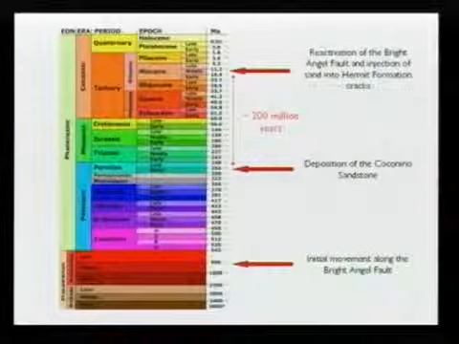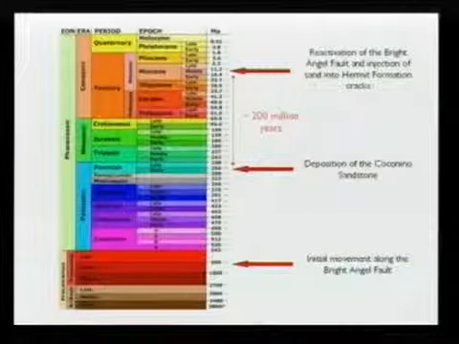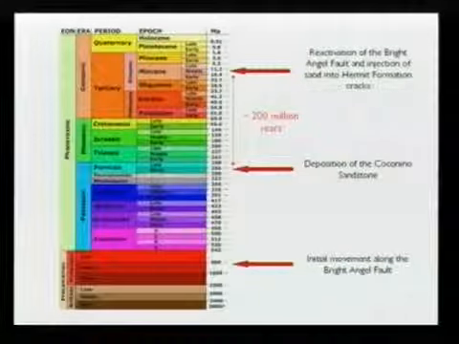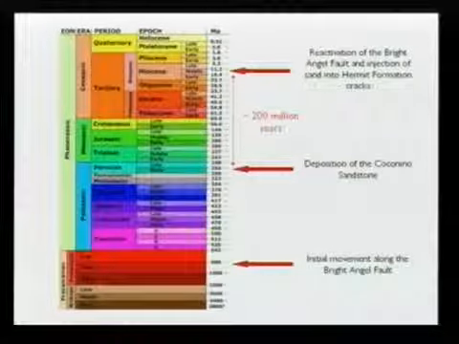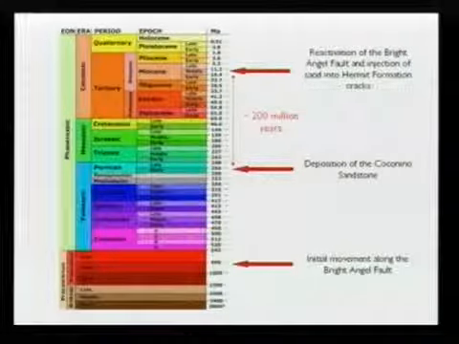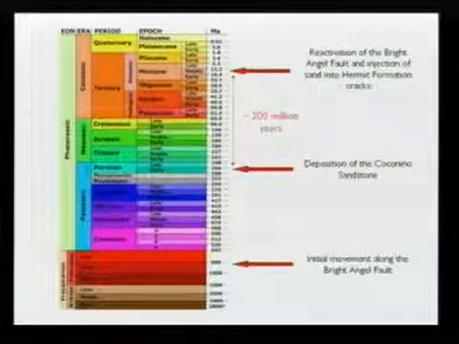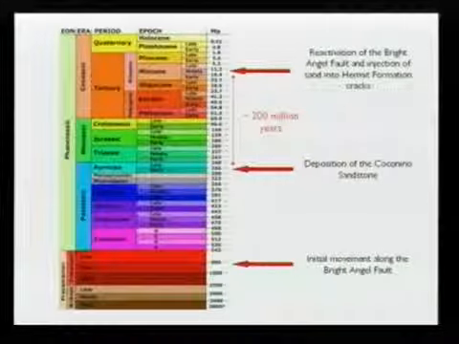Now, if the cracks that opened up in the Hermit were the result of this reactivation of the Bright Angel Fault, that means that the Coconino sandstone must still have been unconsolidated and full of fluid in the late Cenozoic in order to fall and be squeezed into those tectonic cracks.